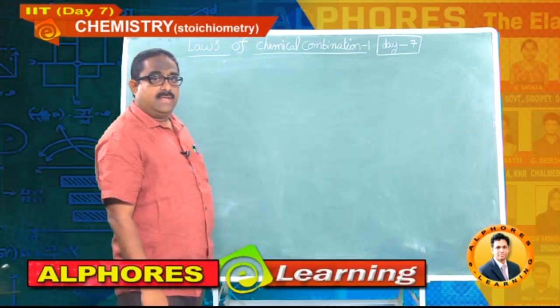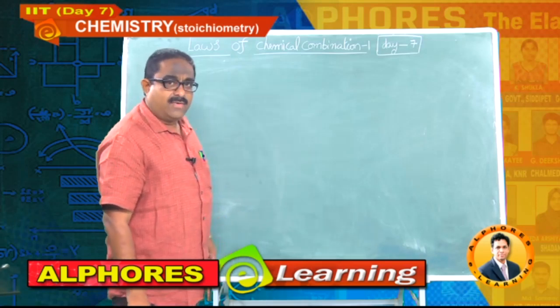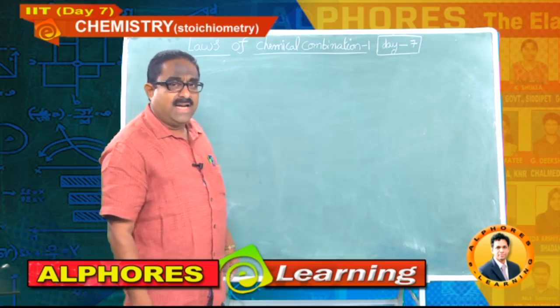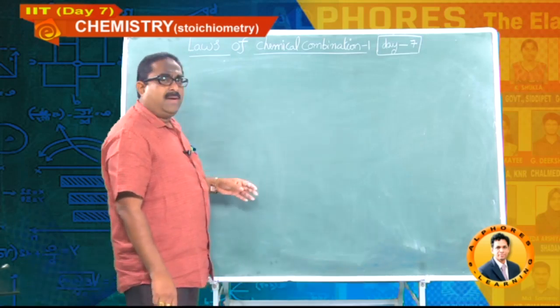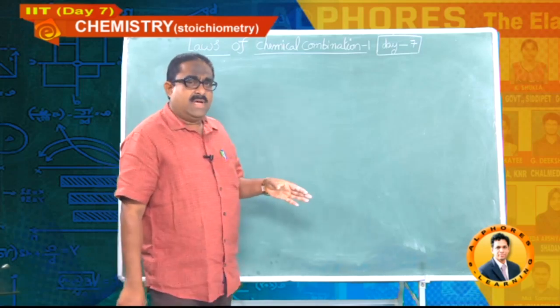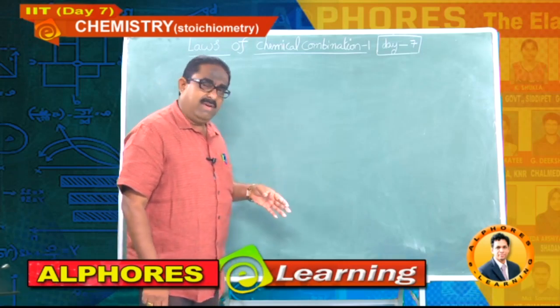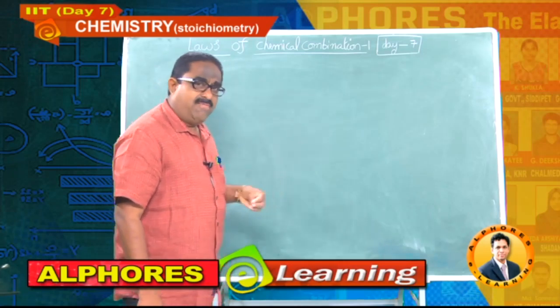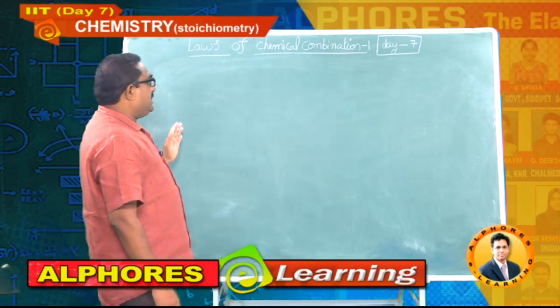Okay, students, let me go to the detailed explanation of Gay-Lussac's law of combining volumes. How in practice are we going to apply that? It's a very, very important concept, and we are going to use this several times in the coming chapters: calculations involved in chemical equations, states of matter, chemical kinetics and different chapters.